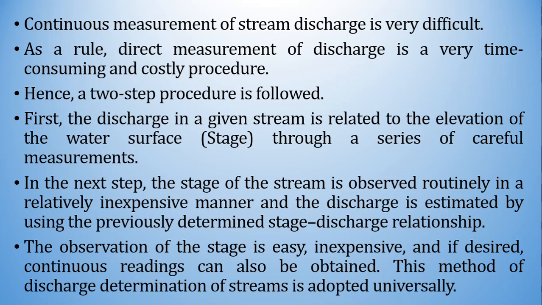In the next step, the stage of the stream is observed routinely in a relatively inexpensive manner, and the discharge is estimated by using the previously determined stage discharge relationship. The observation of the stage is easy, inexpensive, and if desired, continuous readings can be obtained. This method of discharge determination of streams is adopted universally.